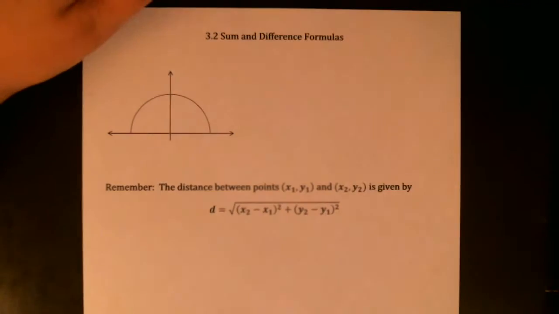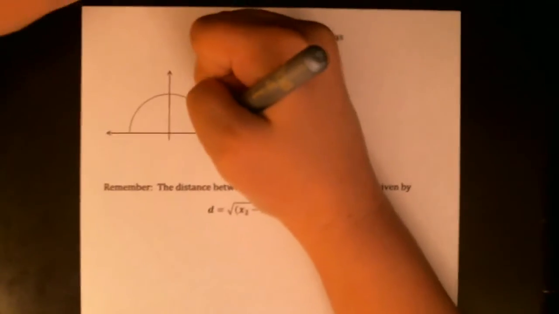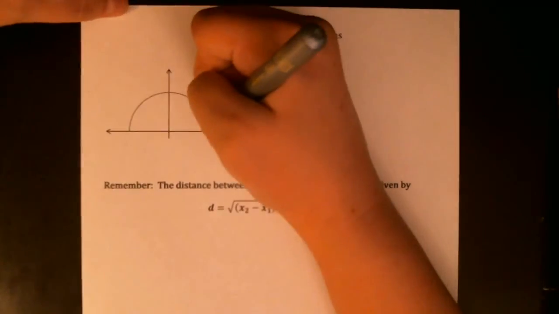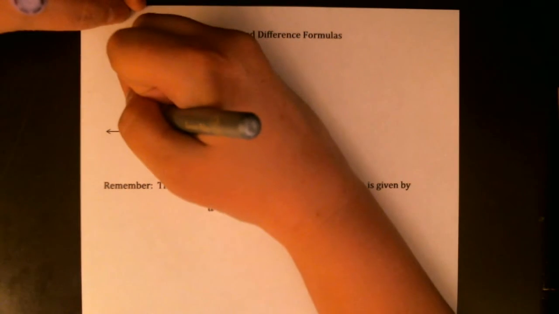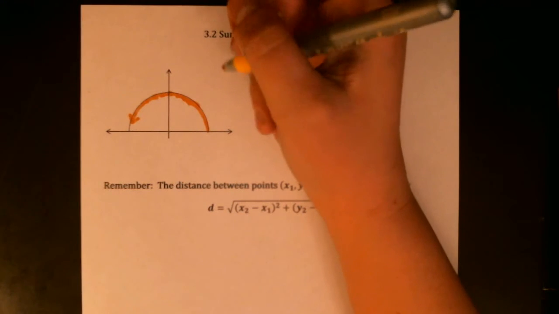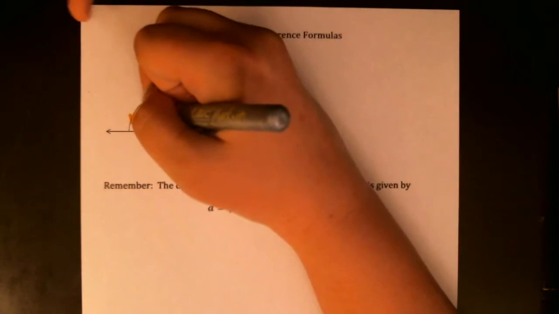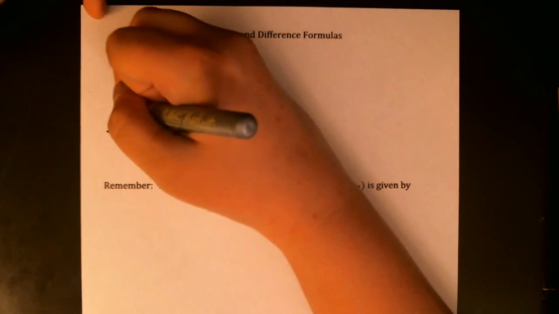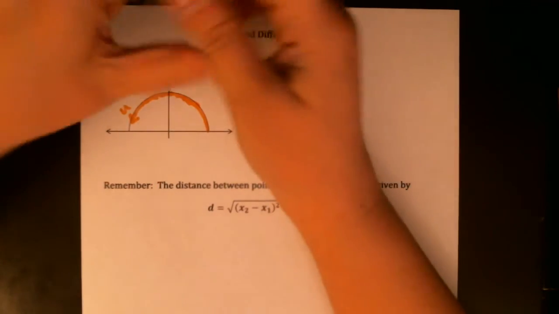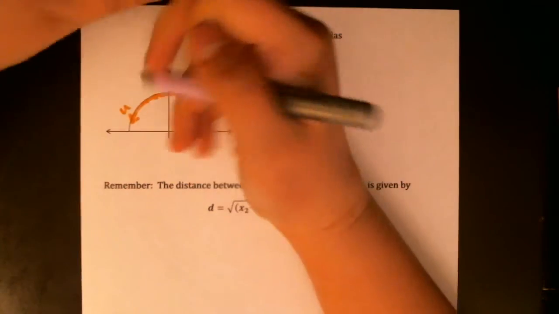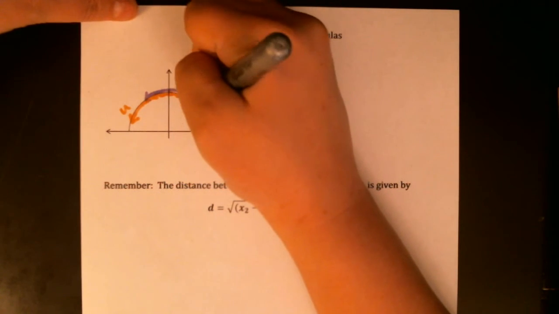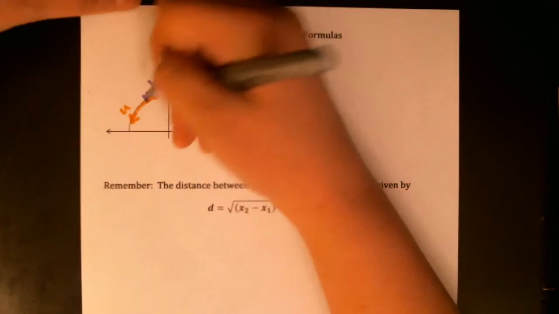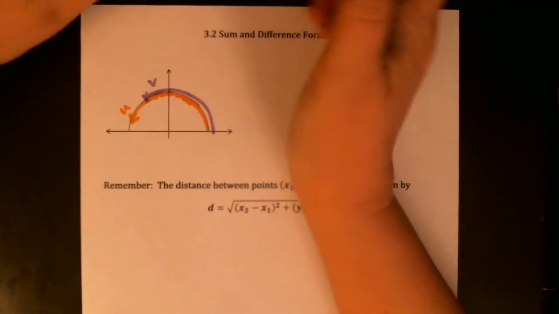So let's say we have arc length u. This could look like anything, but I'm just going to draw it on the top of the circle for convenience. So let's say that's arc length u, and it lands over here at some point. And then we have arc length v right here, and it lands also somewhere in quadrant 2.